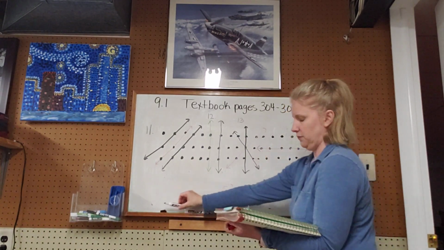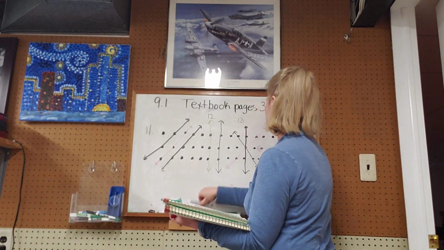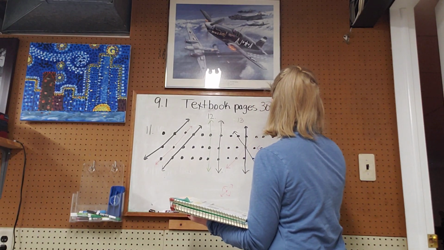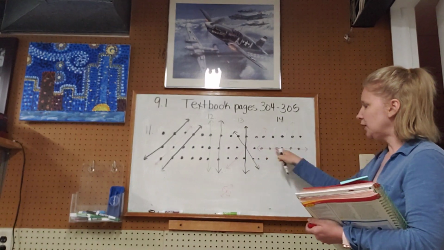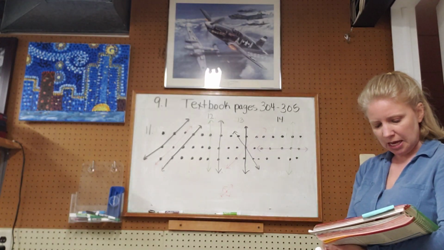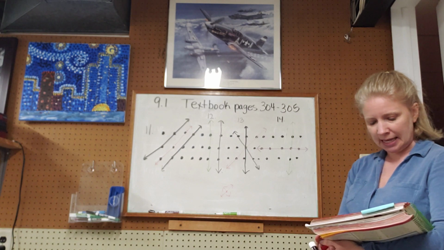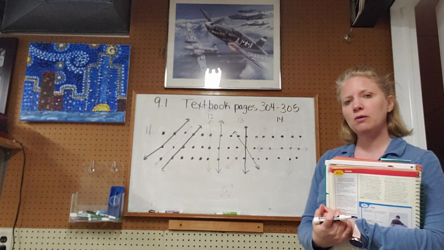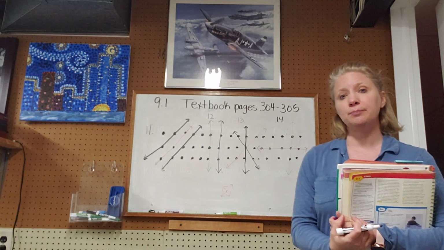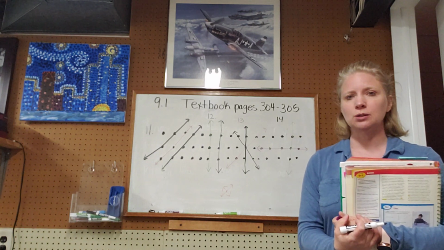Okay, and this is number 14. Go ahead and pause the video for your green line and your purple line. Number 14, I want you to draw a line that intersects. Okay, go ahead and pause the video and you try to draw a line and then unpause to see if your answer was correct.